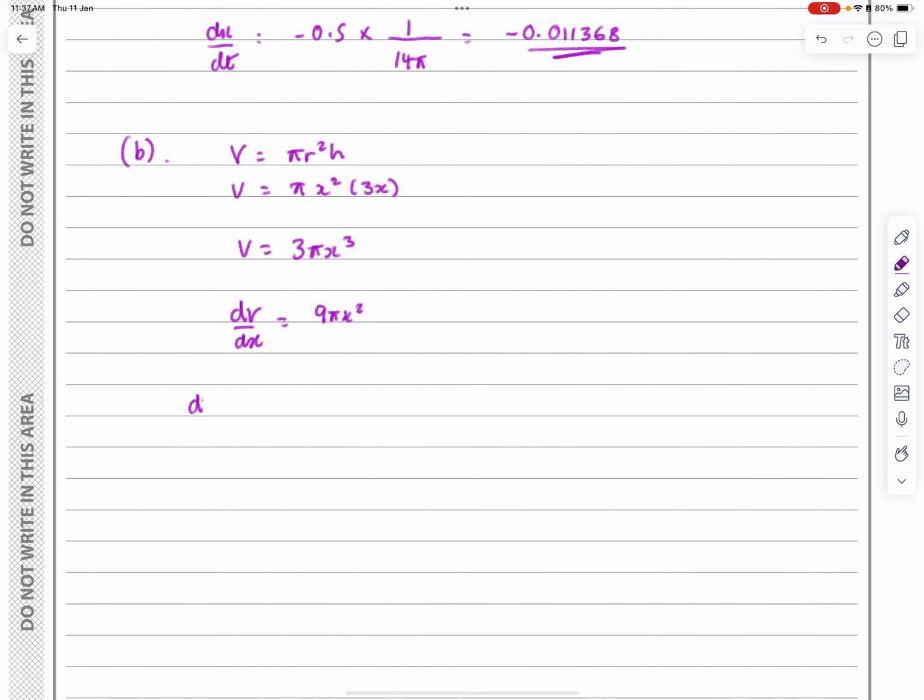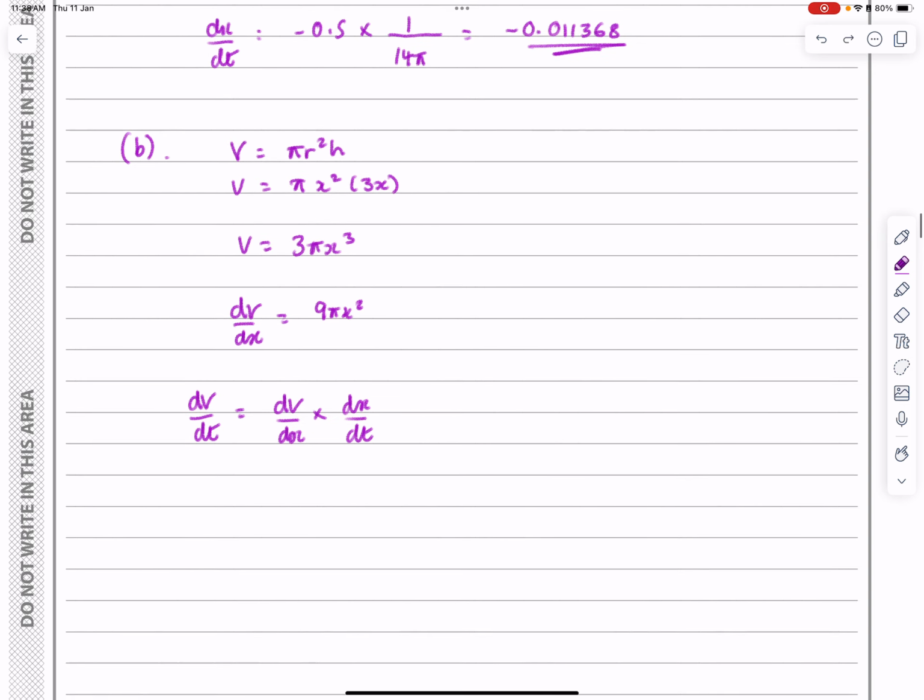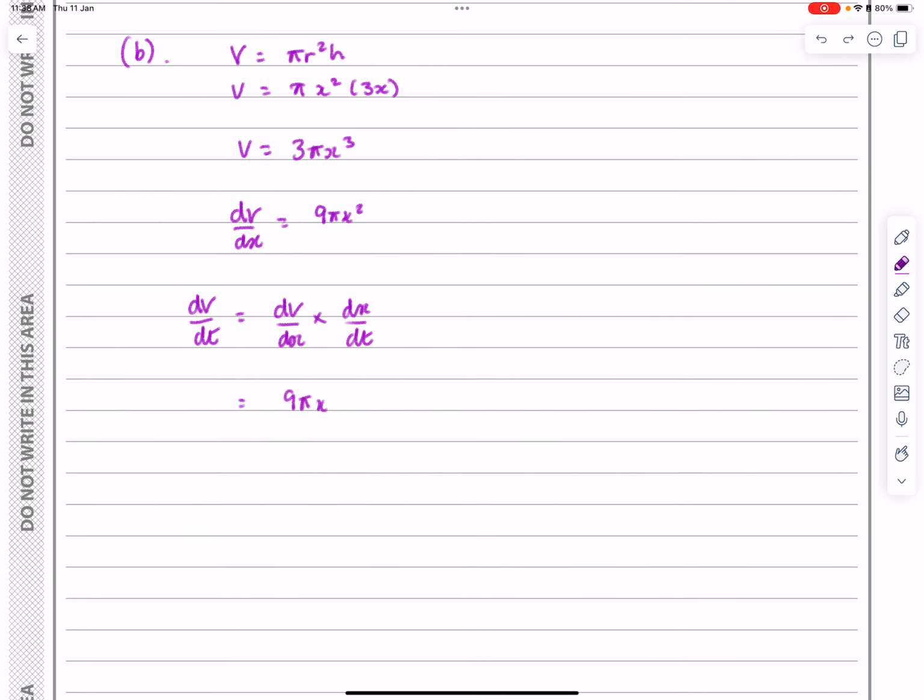From the question, we wanted dV by dt. So dV by dt is going to be dV by dx, that's the right way around this time, multiplied by dx by dt. Yep, they would cancel, and I'd have dV by dt there. That's absolutely fine. So dV by dt is 9 pi x squared multiplied by minus 1 over 4 pi x.